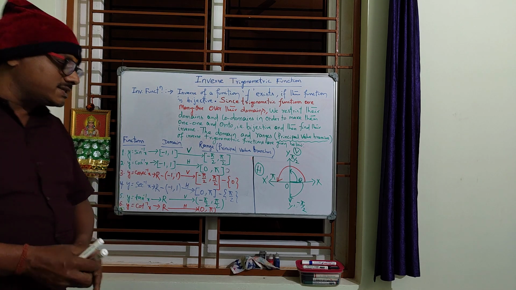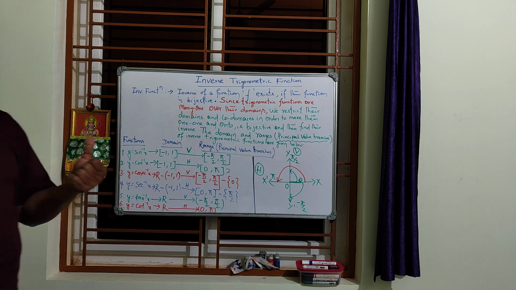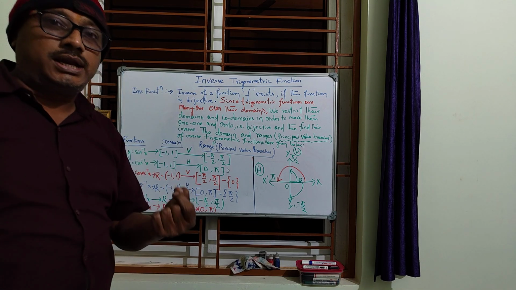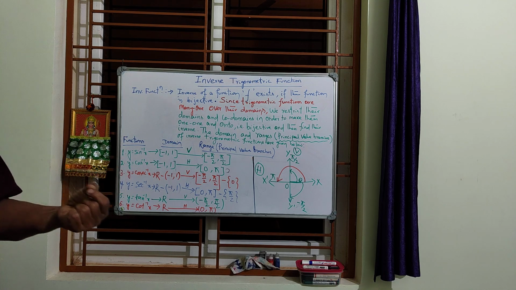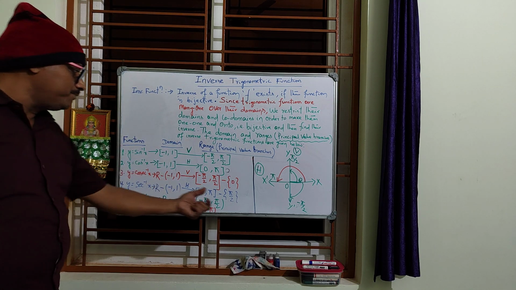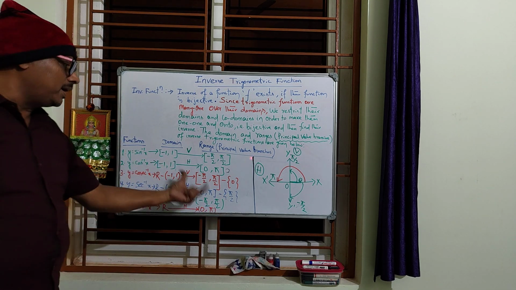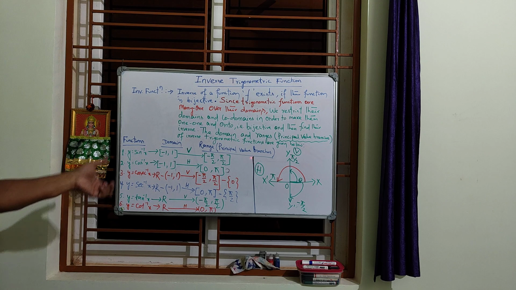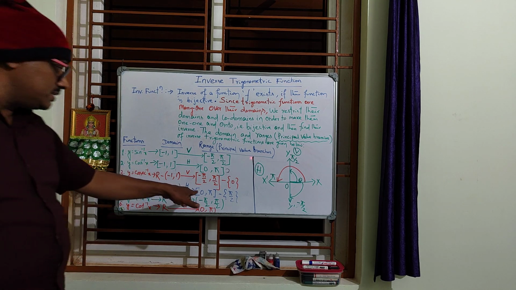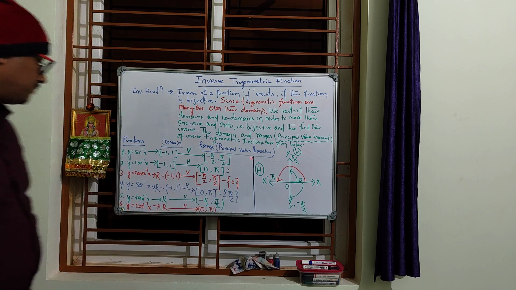So sec x is defined only when cos x is not equal to 0. Cos x is 0 only at pi by 2. That's why pi by 2 must be excluded from 0 to pi. So the range of sec inverse x is 0 to pi minus pi by 2.